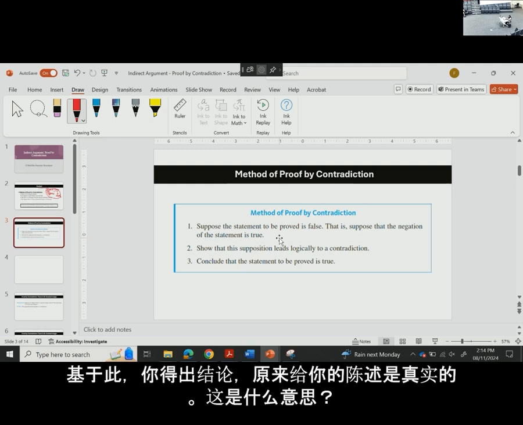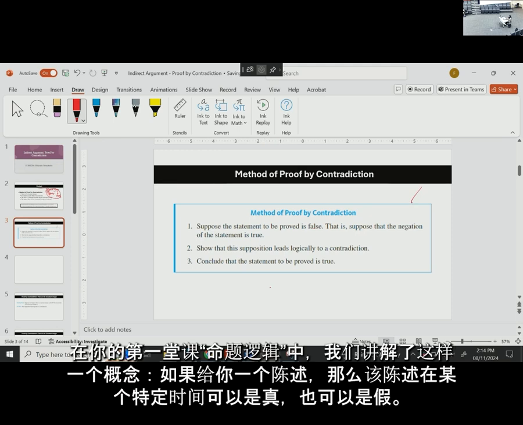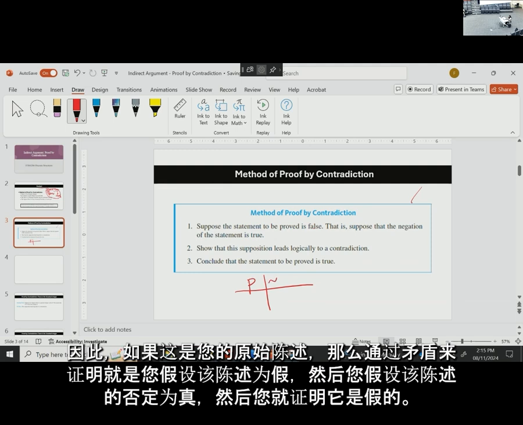What does it mean? In your first lecture, propositional logic, we covered this concept that if a statement is given to you, a statement can either be true or it can be false at one given time. So if this is your original statement, in proof by contradiction you suppose this statement to be false, and then you suppose the negation of the statement to be true, then you show the proof for it to be false.